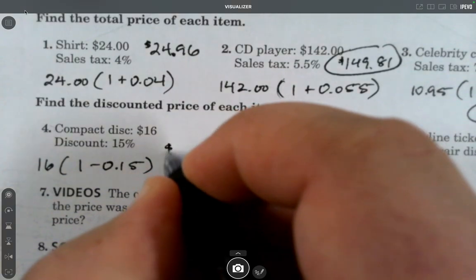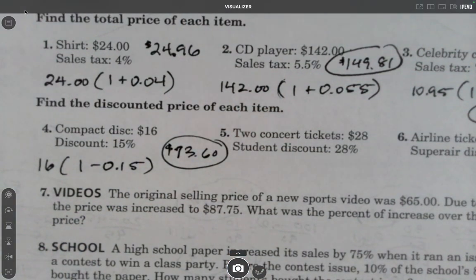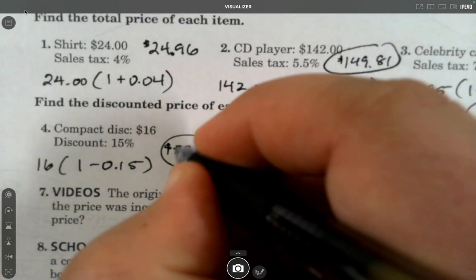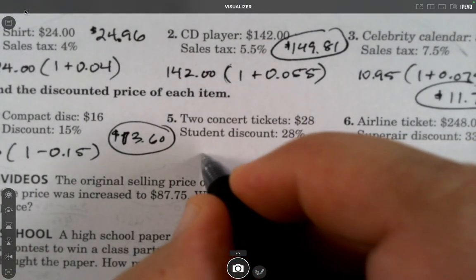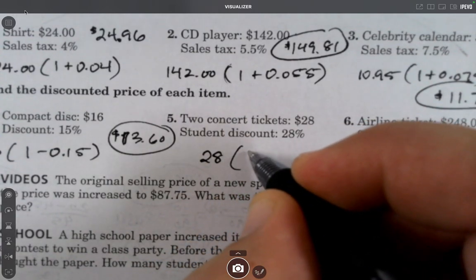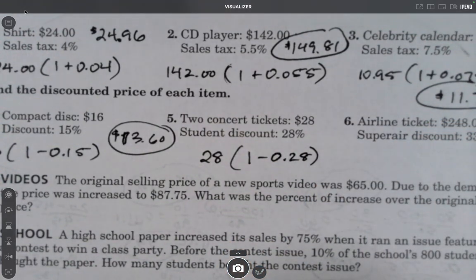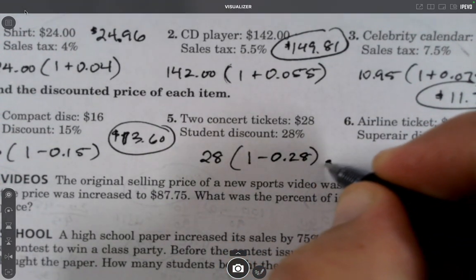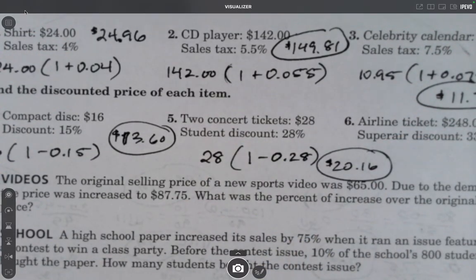So the new price is now $13.60. 2 concert tickets, $28. Student discount, lucky you guys. We do 1 minus 0.28. So we get a price of $20.16 for 2 concert tickets. As if we could get them that cheap.